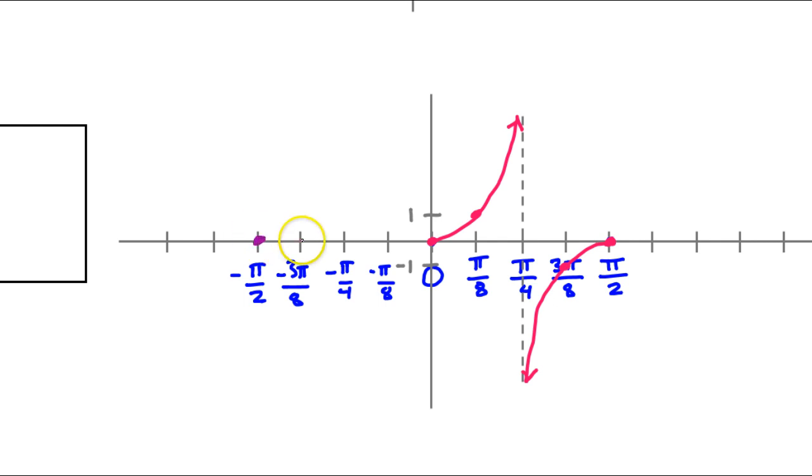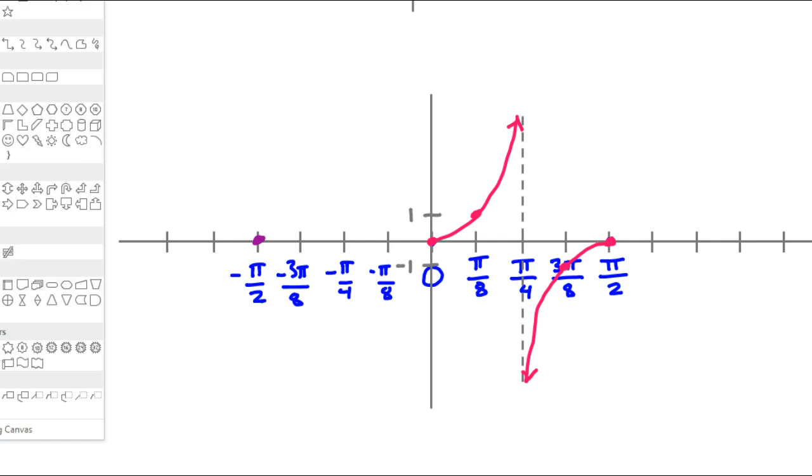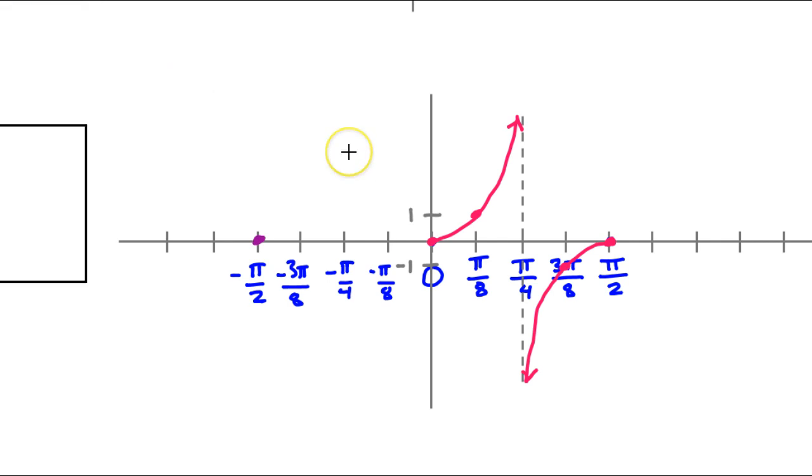Alright, so this is where the left period should begin. And again, right in the middle, there should be a vertical asymptote. So I'm just going to go ahead and put a vertical asymptote in right here in the middle of the period. Alright, so there's my vertical asymptote.